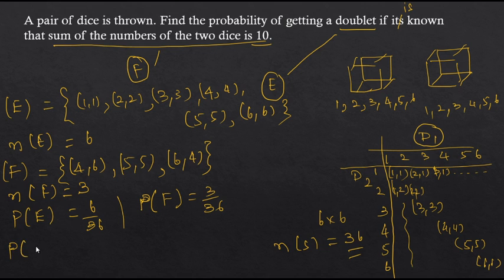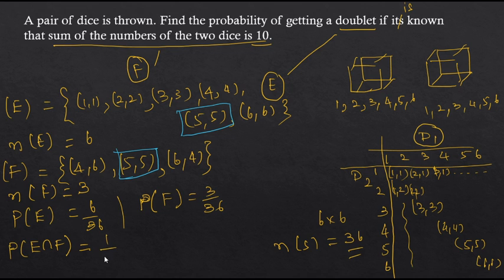So, probability of E intersection F. You just check where it is possible. 5 plus 5 can be 10. So identify this one. This is the only chance: 5 comma 5 also belongs to E. So we can have only one, that is, E and F is equal to 1.